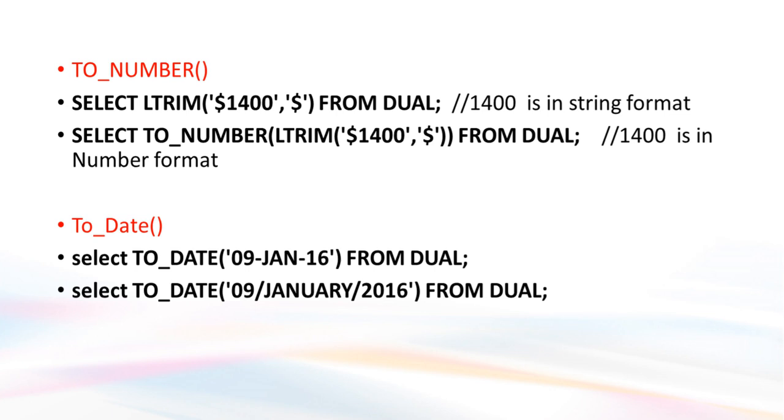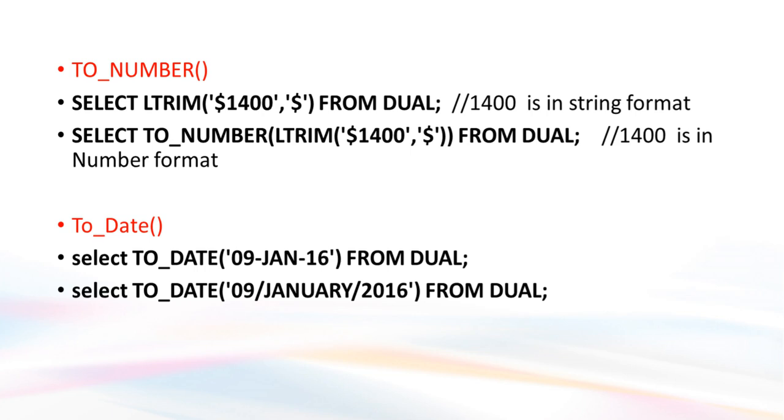In addition, I need to apply to_number. What is the purpose of to_number? This method will convert to numeric format. Any format to numeric format, but one condition here. Suppose in the single quote you mentioned all alphabets. Now if you try with to_number, then it will not convert.